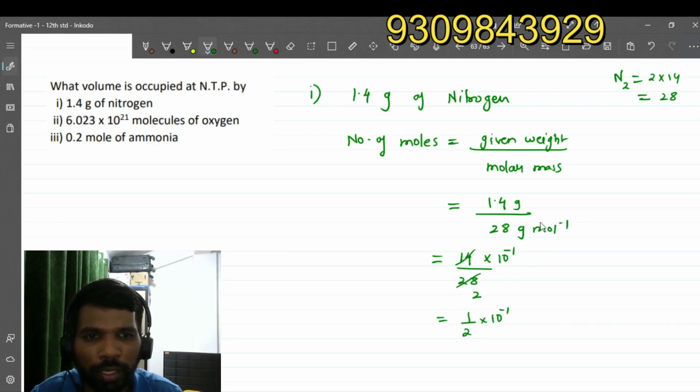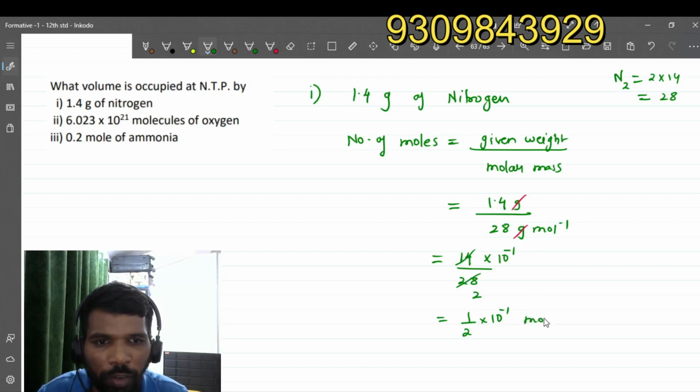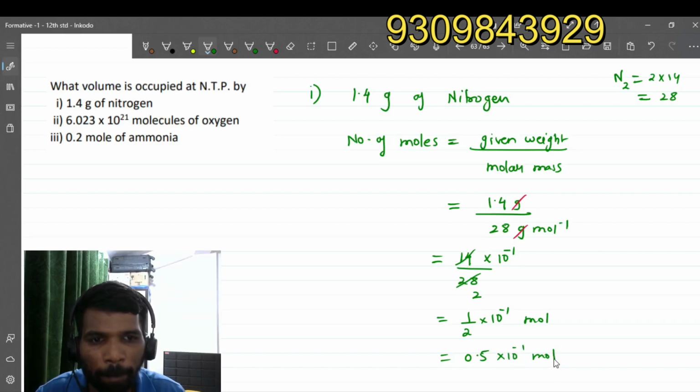Units: this gram and this gram will get cancelled. What remains is, in the denominator it is per mole, so in the numerator it will be mole. So 1 by 2 is 0.5 into 10 raised to minus 1 mole. So I can write 0.05. This is 0.05 mole of N2 gas.